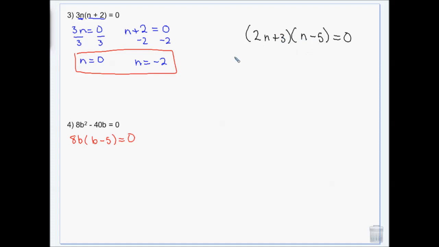Because in this situation I have 2n plus 3 equals 0, and n minus 5 equals 0. So if I subtract 3, 2n equals negative 3. So n on this one is negative 3/2, or 5.